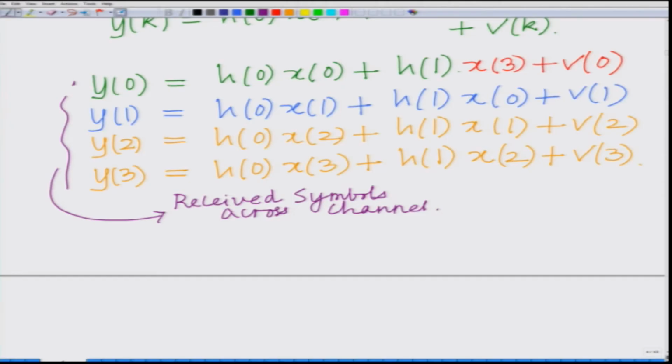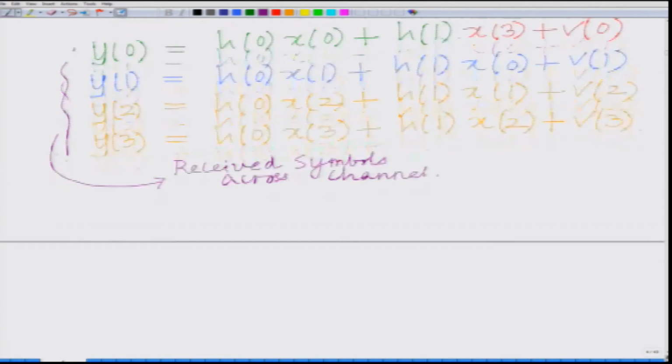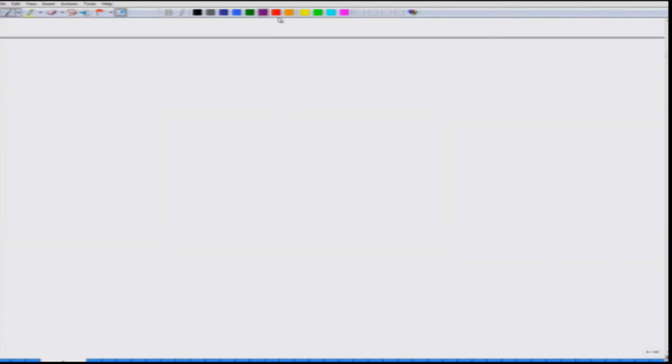Now let us observe an important property of the small y0, small y1, small y2, small y3, which are the received symbols. Now what I am going to do is I am going to illustrate with a figure, because it is best illustrated pictorially.